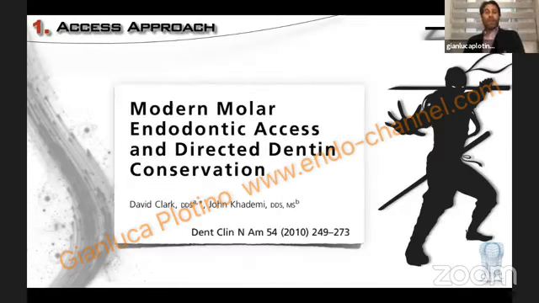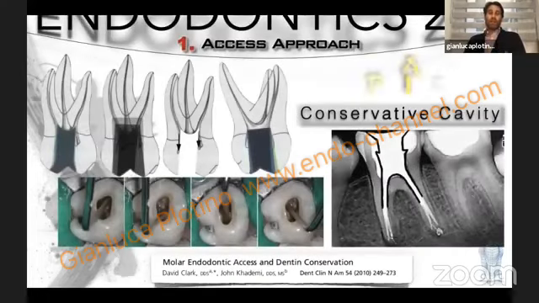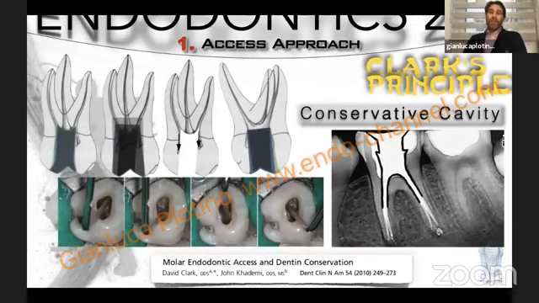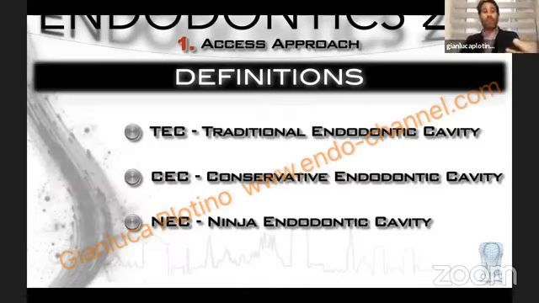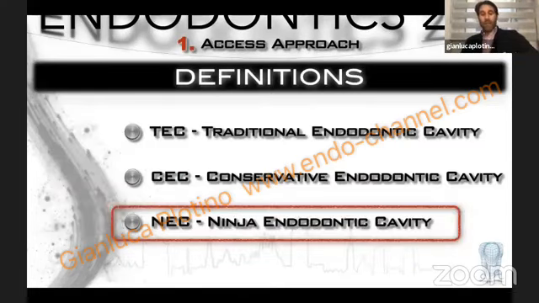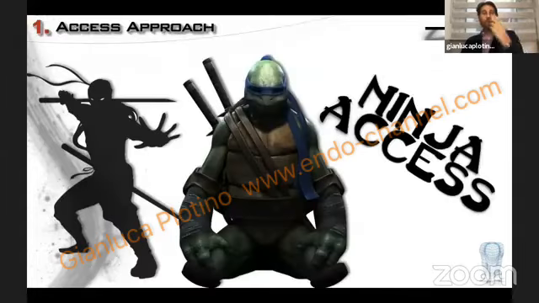So conservative access cavity, as based on this article by Clark and Khademi, is something that we want to follow, but not with an extremization over into the ultra-conservative access cavity. Because the ultra-conservative access cavity, the ninja endodontic cavity, is an extremization that we can see on the social networks.